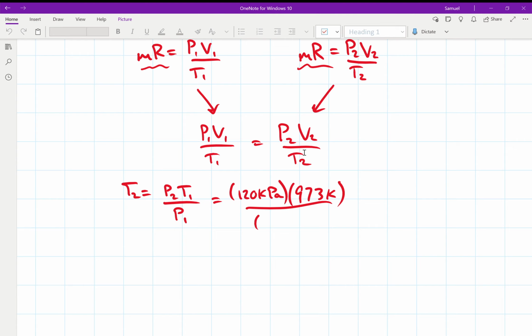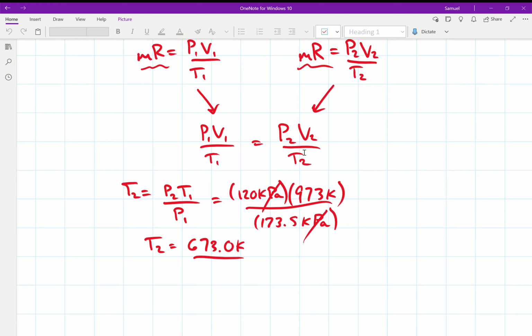For the pressure, I could have used the megapascals. Those really don't matter though, because those kilopascals are going to cancel anyway. As long as you're using consistent units, those are going to work out correctly. Getting T2, we have 673.0 Kelvin.